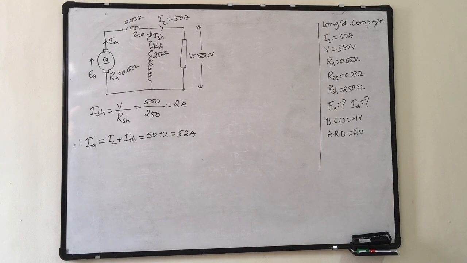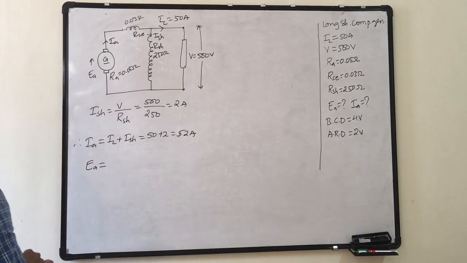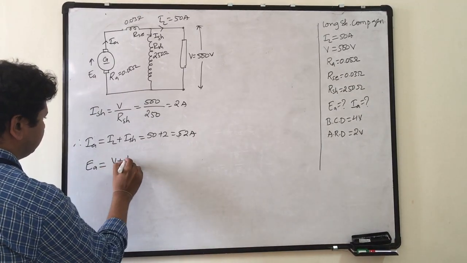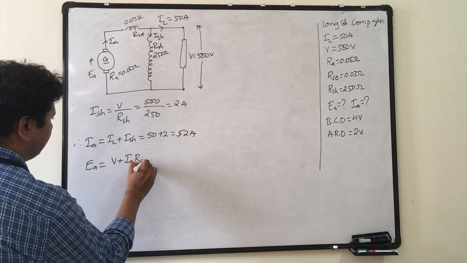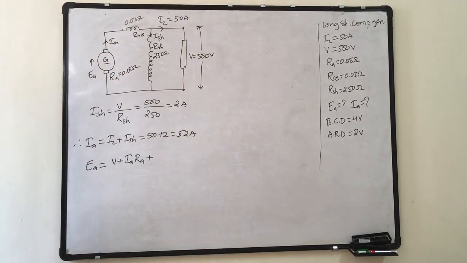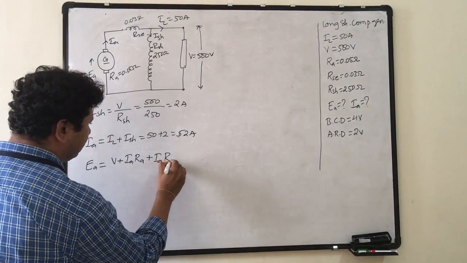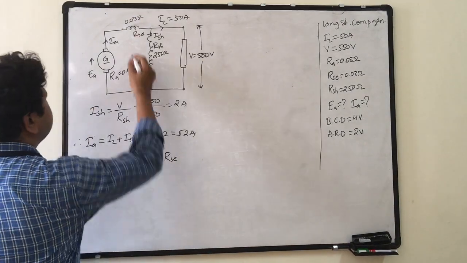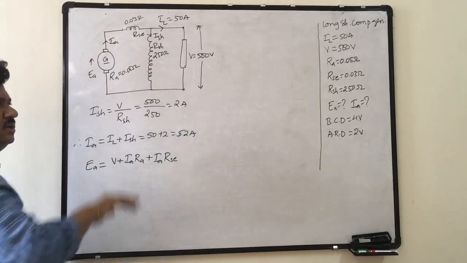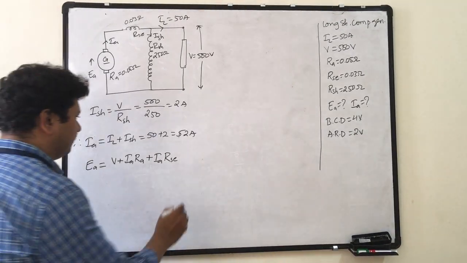Now what is the generated EMF? EA is equal to V plus IARA plus IA RSC, because the series field resistance is in series here. If it were a short shunt compound, then it would have been in series with the load, and there would have been IL into RSC.